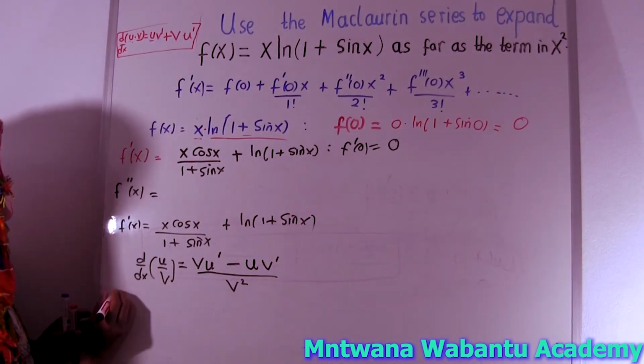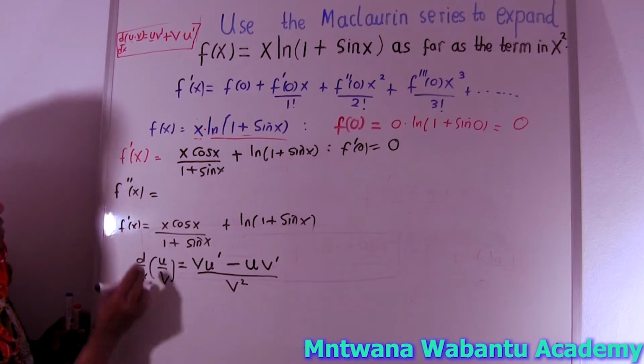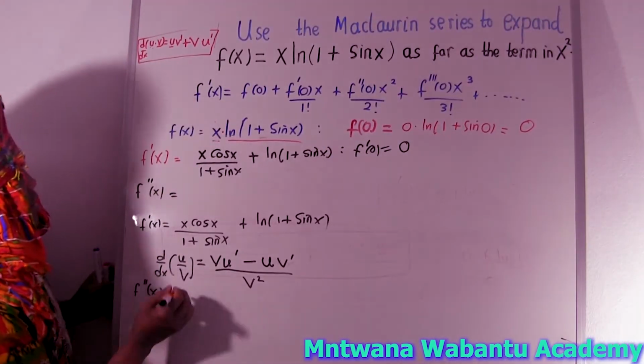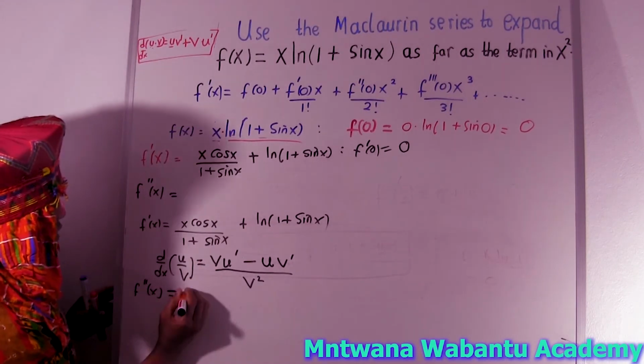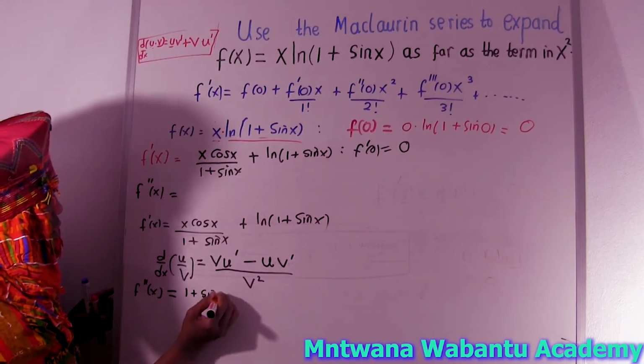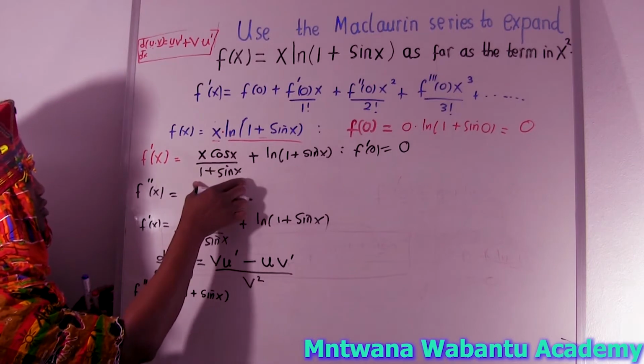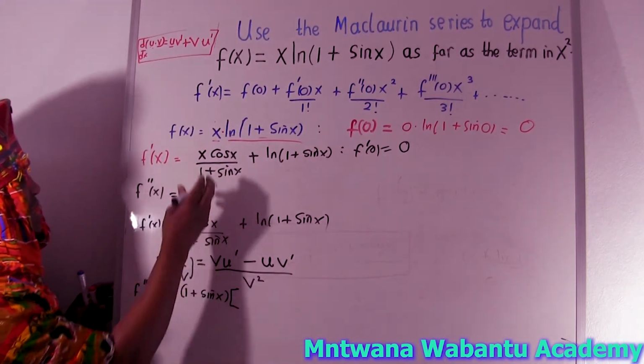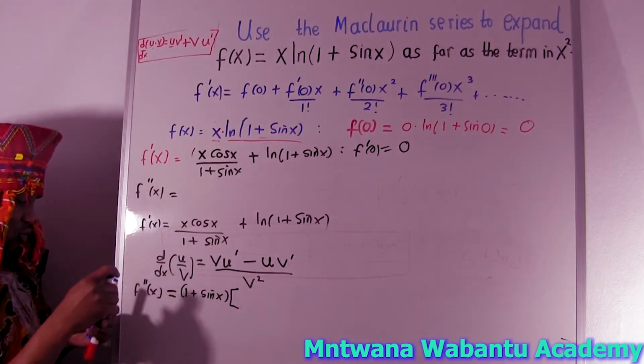So now, f second prime, because I'm differentiating this. What is f second prime? Equals denominator constant, 1 plus sin of x, and then we differentiate the numerator. The numerator itself is a product rule.